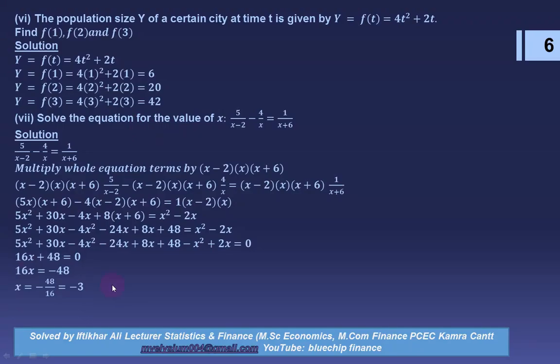When it goes to the other side, this 48 will become minus 48, and further this multiplicative 16, when it goes to the other side, it will be divided. So answer will be minus 3.